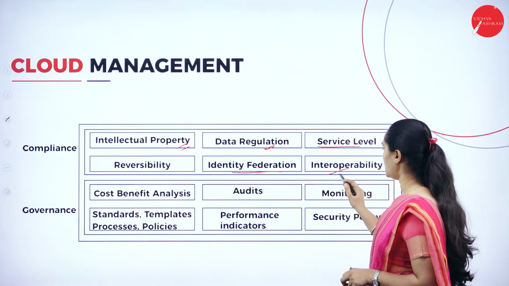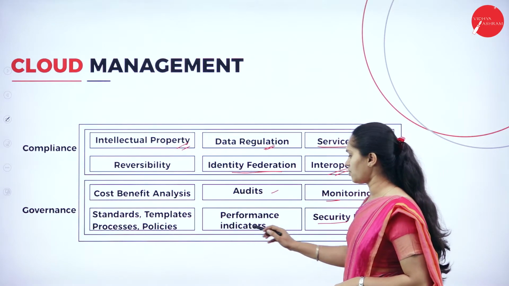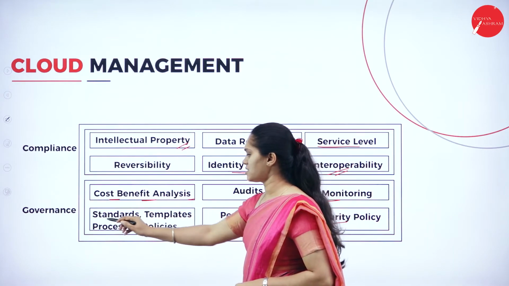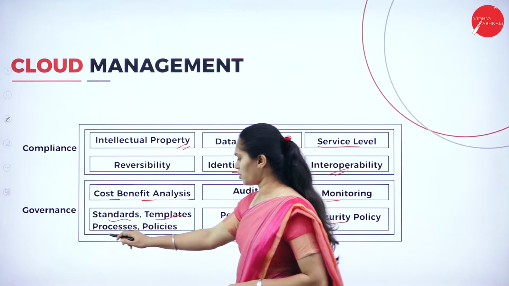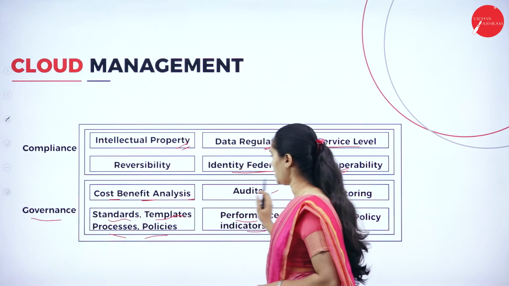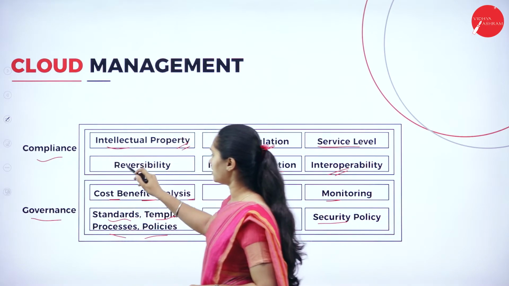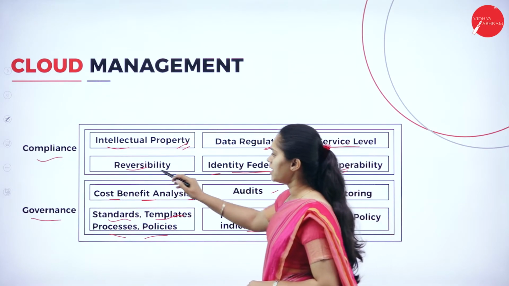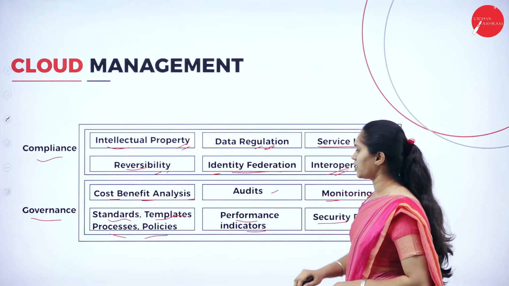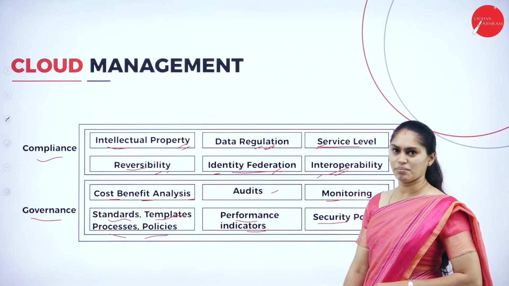And also interoperability and monitoring, security policy, audits, performance indicators and cost benefit analysis. Some standards must be there: templates, processes, policies. So governance includes this much content, and compliance includes these points: reversibility, intellectual property, IPR and data regulations, identity federation, service level and interoperability.